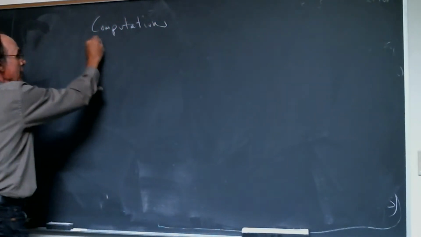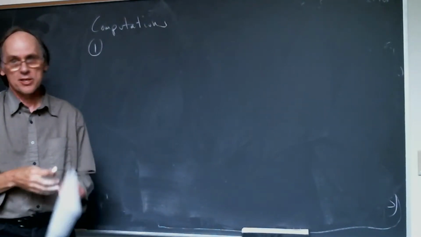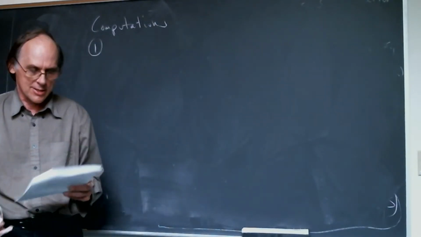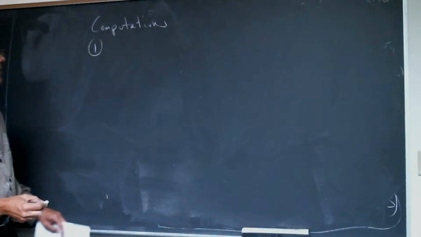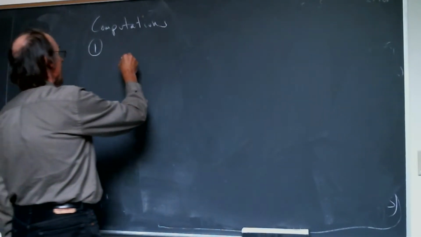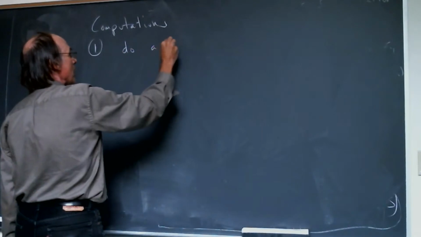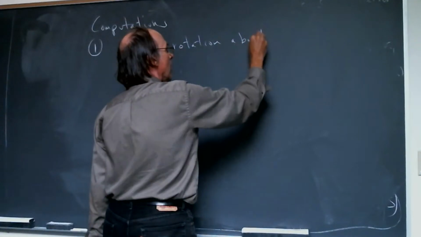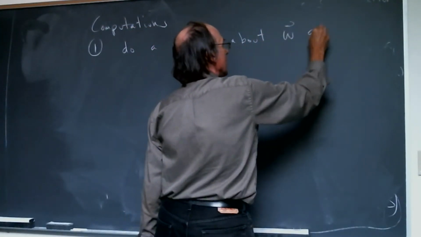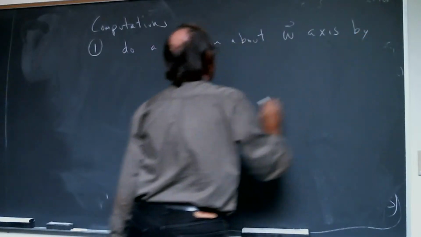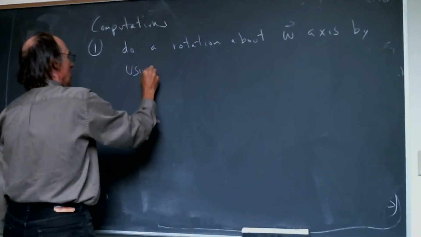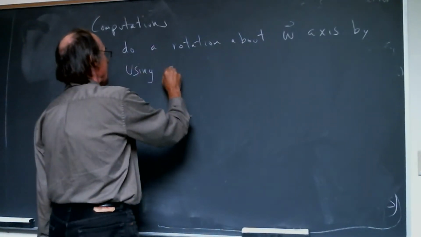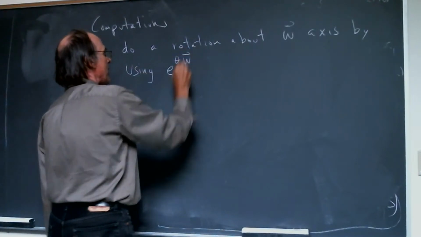Okay, so one thing you can do is do all your computations just in terms of quaternions, just like using e to the i theta, except now you've got i, j, k to keep track of. You're going to do a rotation about the w vector axis by using the exponential of e to the i theta, which is e to the theta times that imaginary thing.